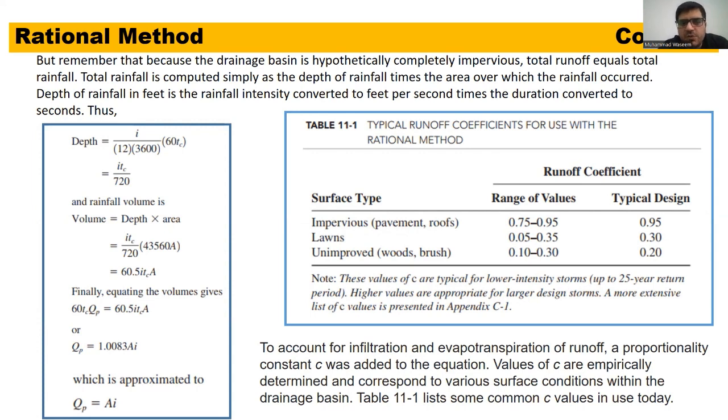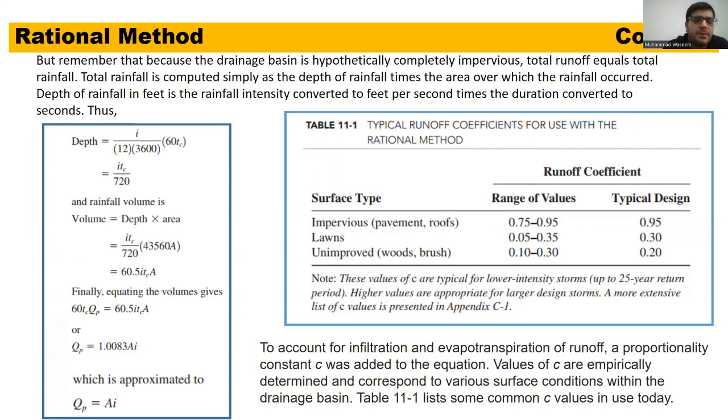So in the literature, you can see different C values for different surface types. If it is impervious pavement or roofs, then it goes from 0.75 to 0.95. For lawns, it is 0.05 to 0.35. For unimproved woods or brush, it goes from 0.10 to 0.3.